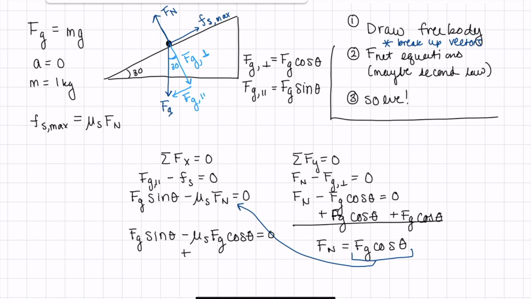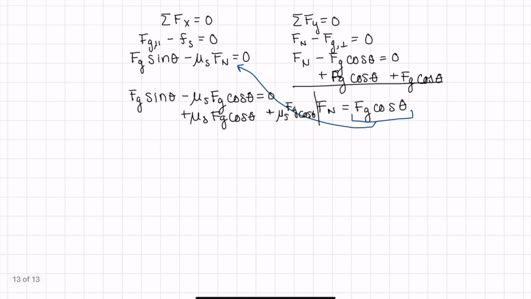Going to add mu s Fg cosine theta to both sides. So we'll have Fg sine theta equals mu s Fg cosine theta. So our Fg's are going to cancel.